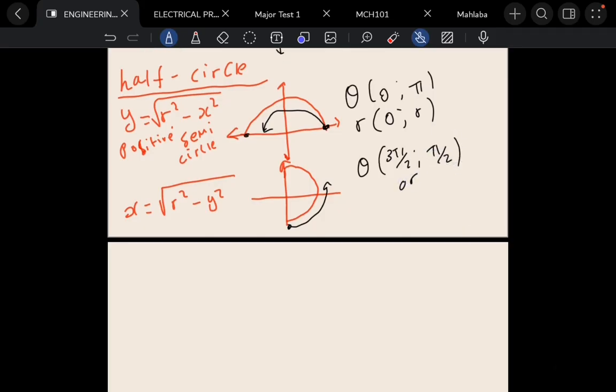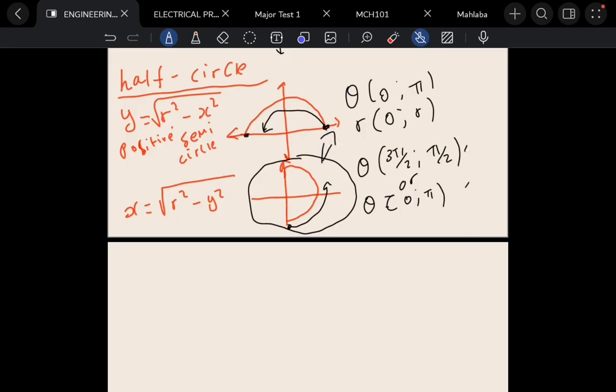Or your theta will start from 0 to pi. Now why I'm saying this, it is because if you rotate this diagram about 180 degrees or about 90 degrees, you are going to have the picture above.